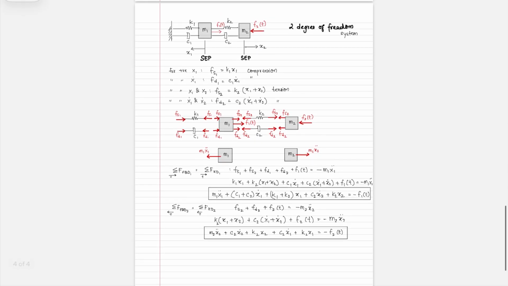And then we introduced this idea of degrees of freedom, where we talked about the minimum number of variables that are required to be able to define the system. For example, in this system, you need both x1 and x2 to be able to fully define what is the position of the system, what is its velocity, and so on.